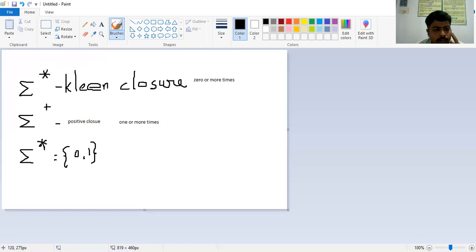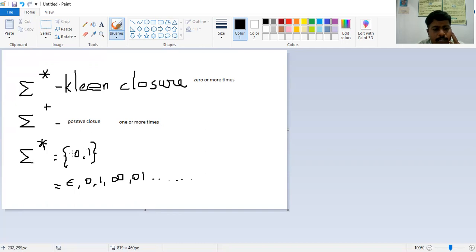Whenever we call it Kleene closure, the first string must be epsilon. So don't forget this one. Whenever we call it Kleene closure, you have to represent the first string as epsilon. Next, we can say 0 or 1 or 0 0 or 0 1, like that. You can produce many strings for this Kleene closure.